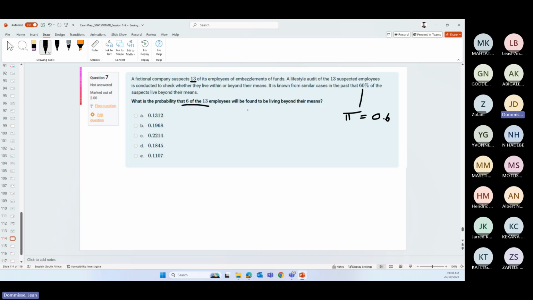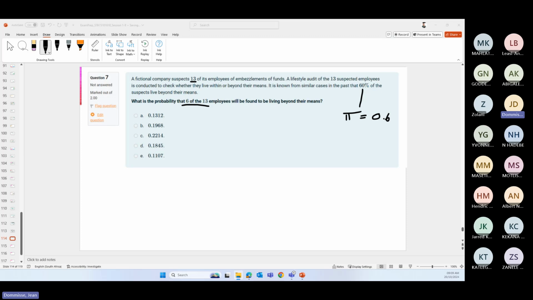Okay, so what is very important in this one, and again, this is very important for you guys, is that if we look at 13, that is probably not on your list.